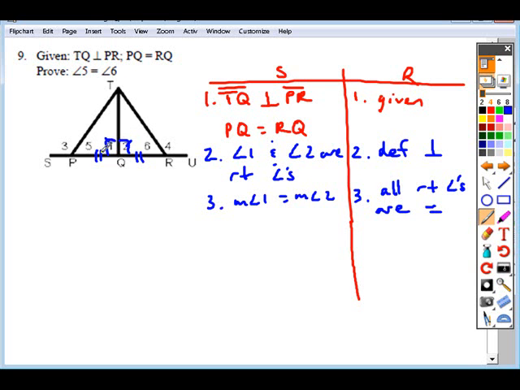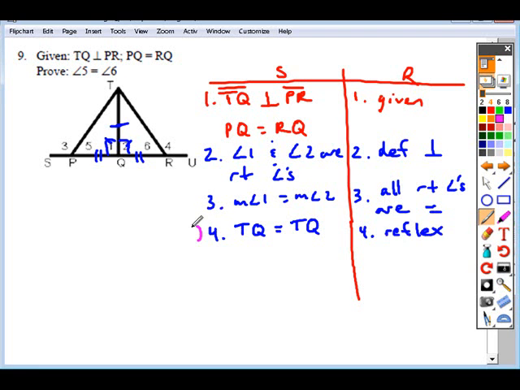Well, we have an angle and a side, so if we could find either of the other angles, or if we could find this side, that gives us the pattern SAS, we can show congruence of triangles. Do we have either of those? Yeah, TQ is equal to itself. So TQ is equal to TQ gives us that 3rd piece, this side. And the reason for that is something equal to itself is called reflexive property. So by reflexive property, we have that information.